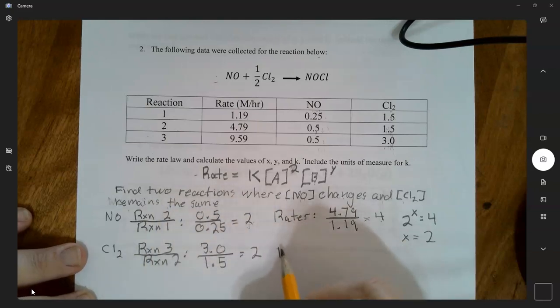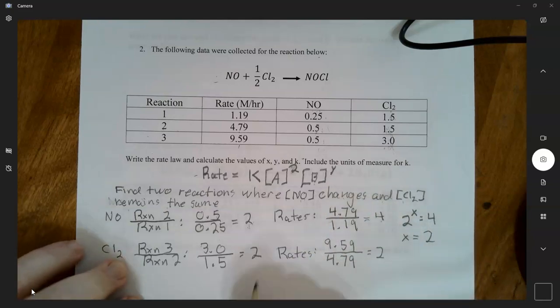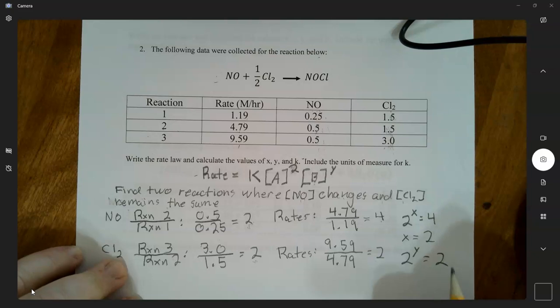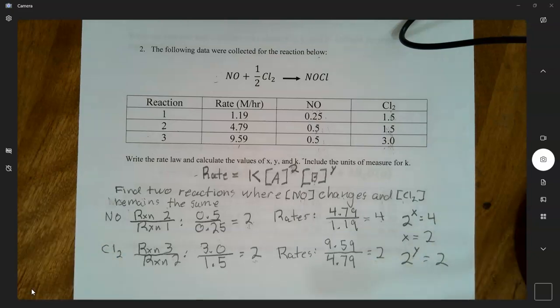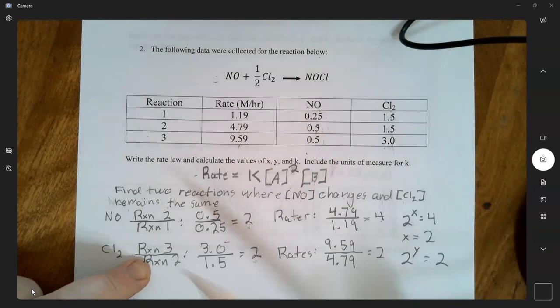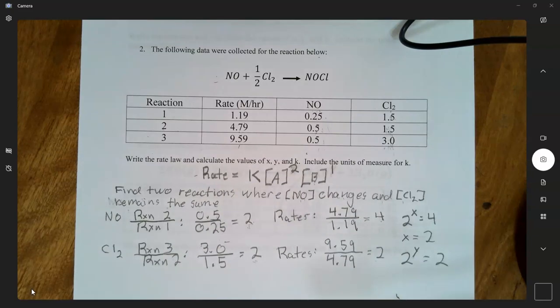And now for the rates of those same two reactions. Okay, now we're going to see what power you raise this to get this. So it's going to be 2 to the y power equals 2. And of course, y is going to equal 1. So we can come back up here and change this to a 1. Of course, you don't have to write the 1, but I'm going to go ahead and do it to emphasize that we did that. Okay, good.